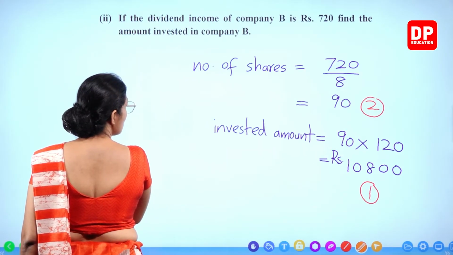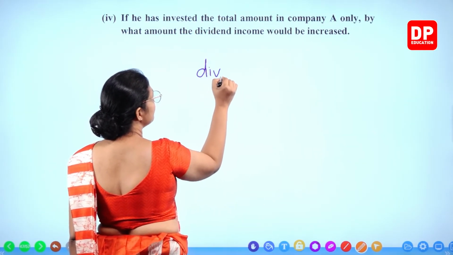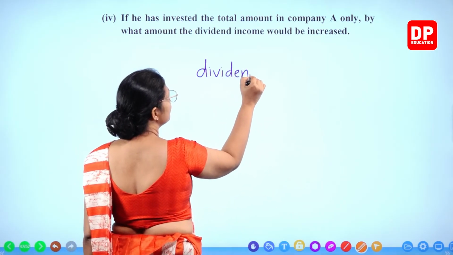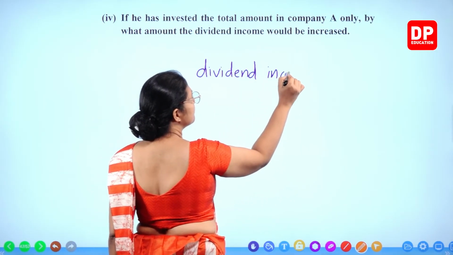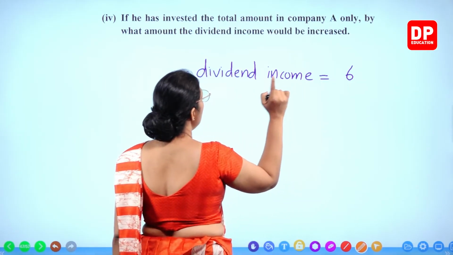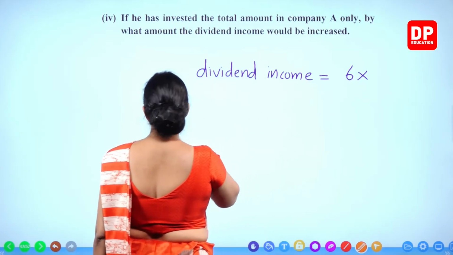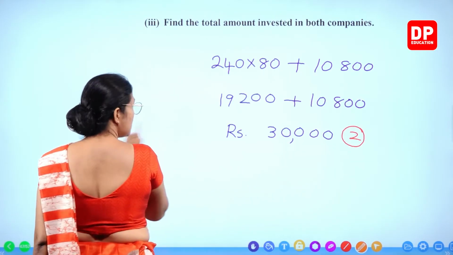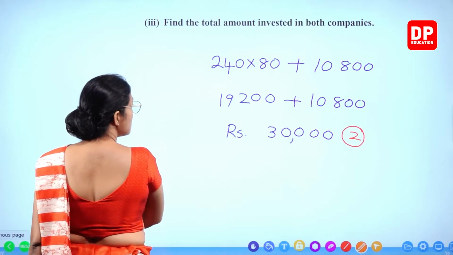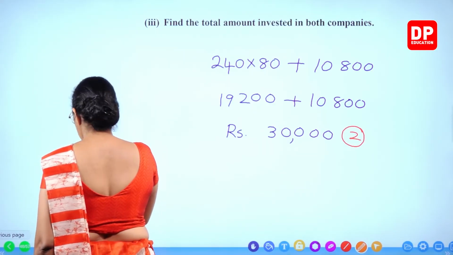So, what is the total dividend income? 30,000 is the total invested amount.